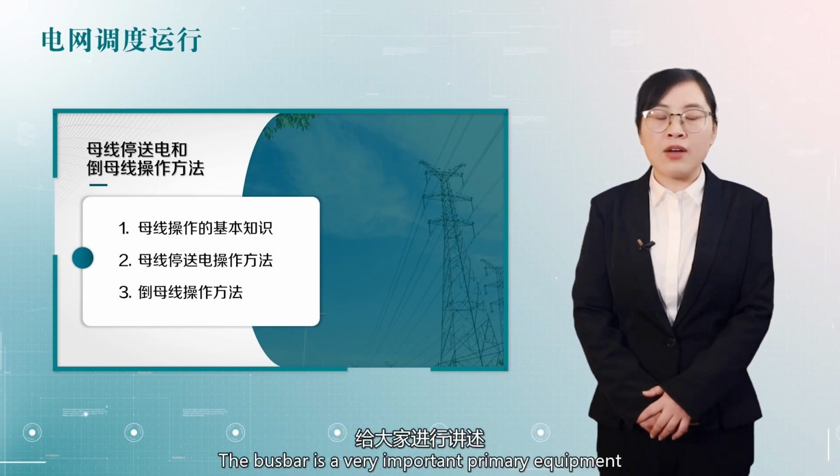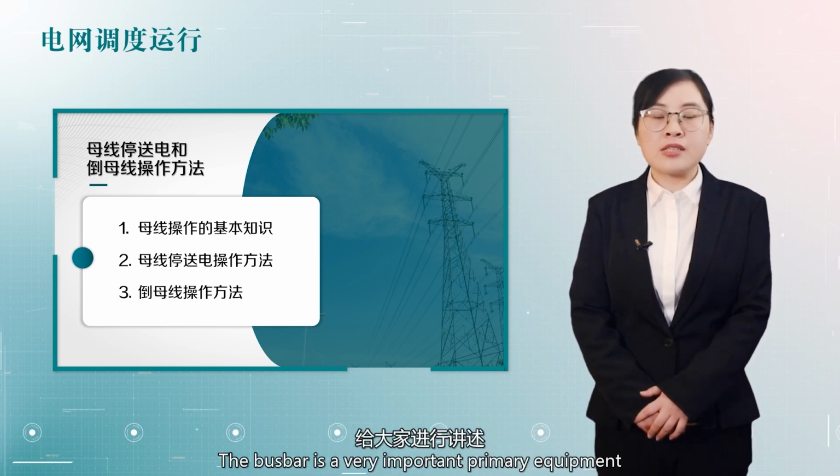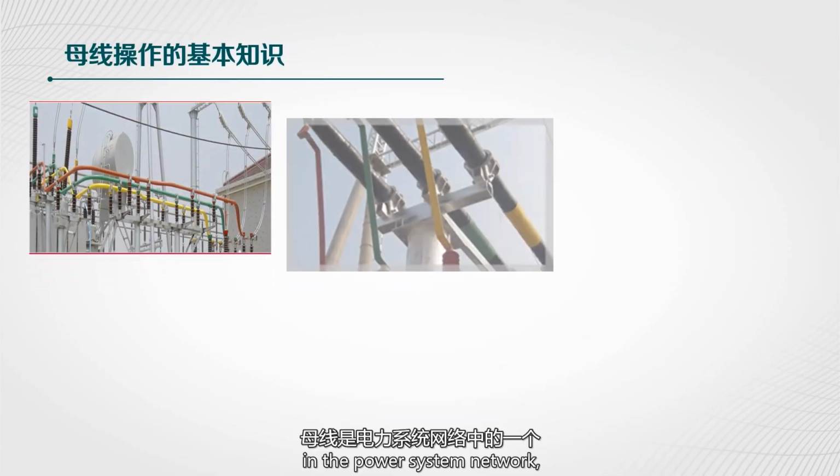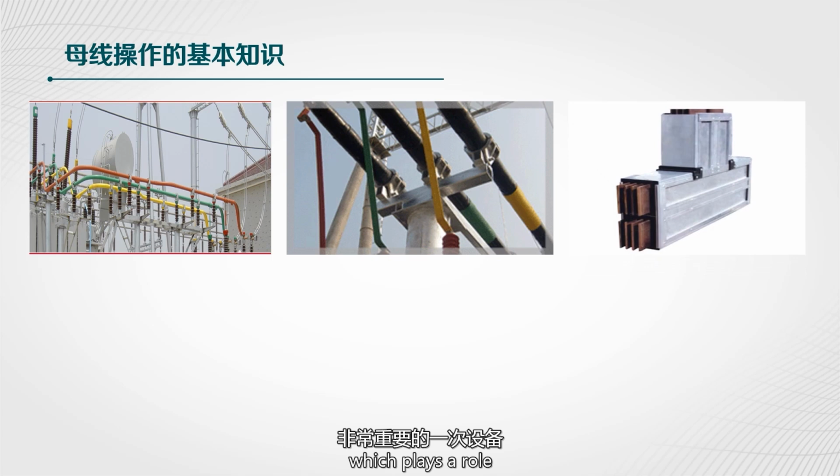The bus bar is a very important primary equipment in the power system network, which plays a role in the aggregation and distribution of electrical energy in the system. Bus bar operation involves many equipment with a large impact of faults and serious consequences of accidents.